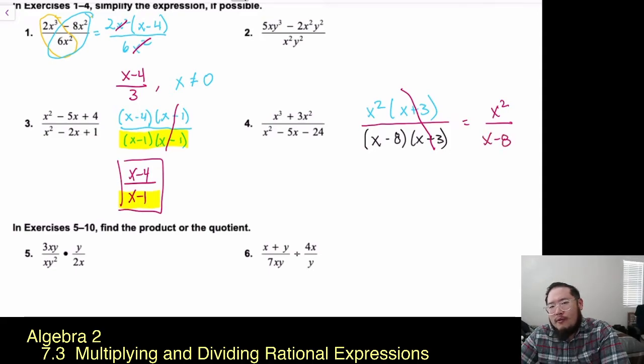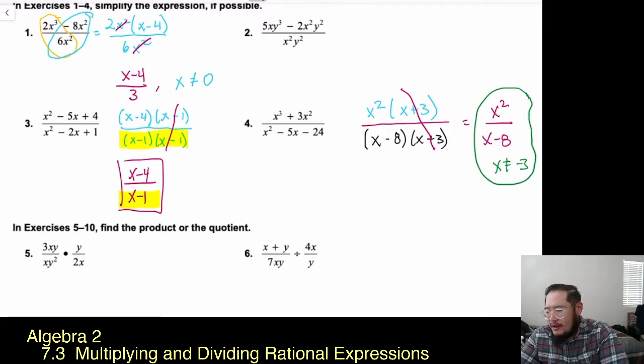Almost. Remember, in the beginning, we have the x plus 3 as part of my denominator, and that's a restriction. I don't have that anymore in my final answer. So we have to include that x cannot equal negative 3. Both of these must be there in your answer.